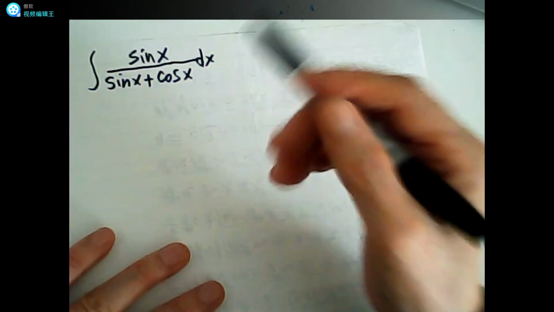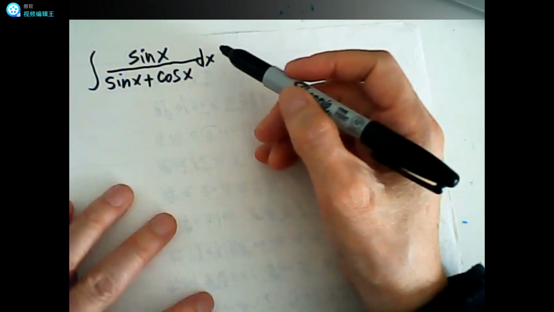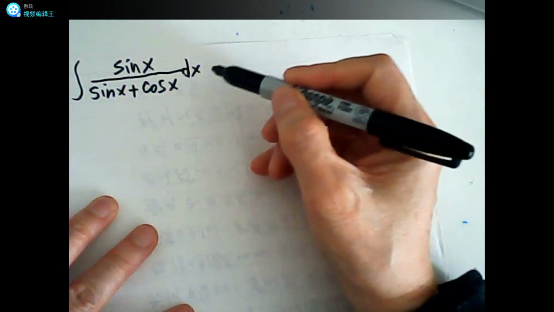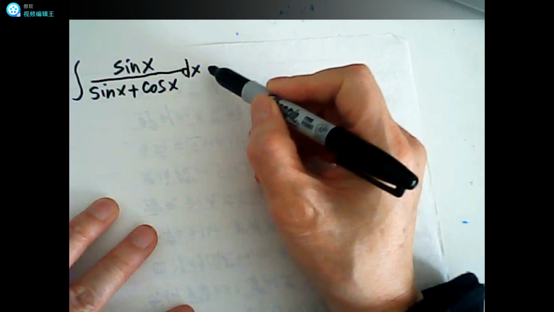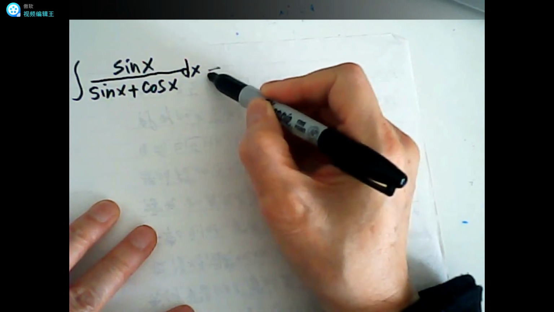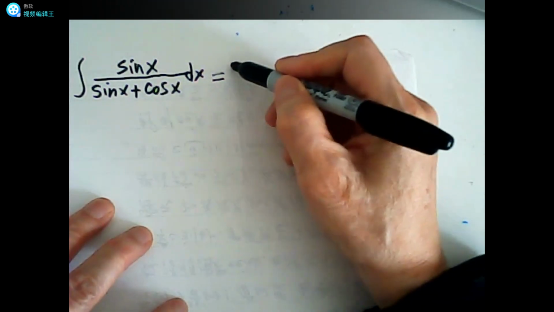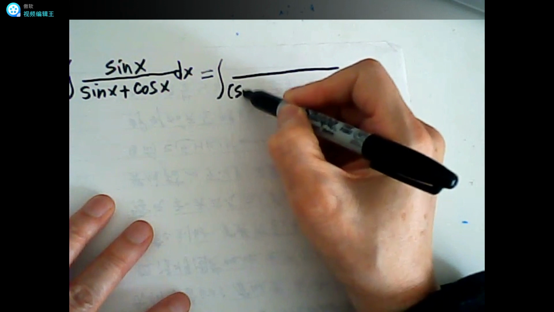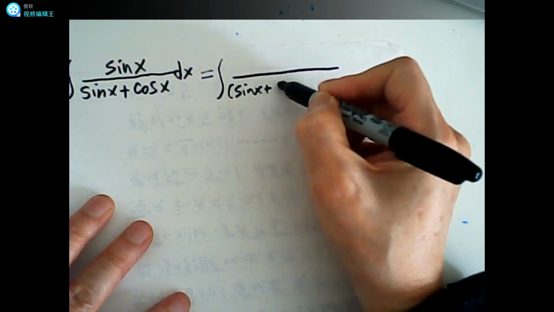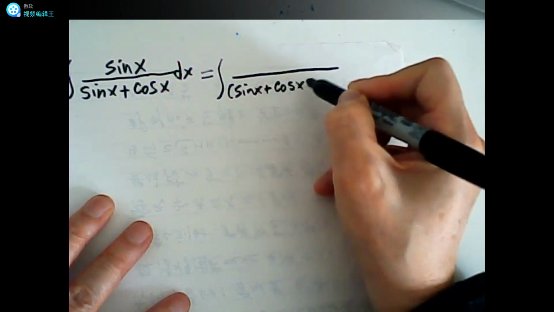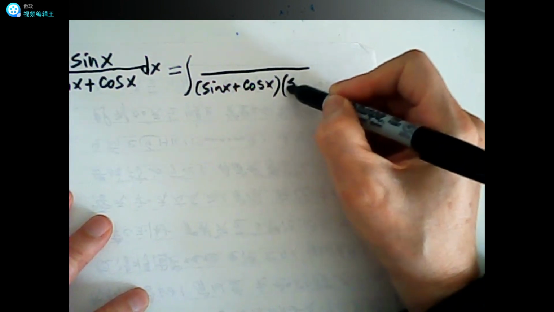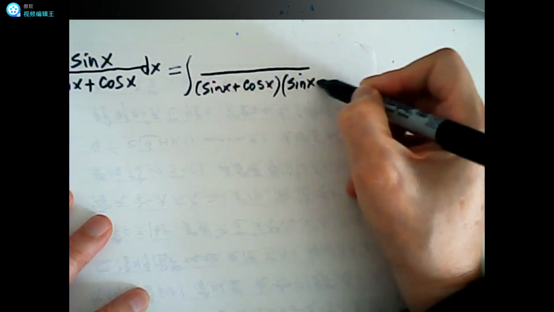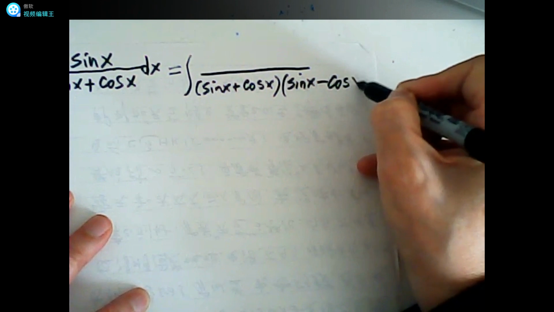directly do it, without any treatment like substitution. So I multiply the denominator and numerator by sine x plus cosine x and sine x minus cosine x.